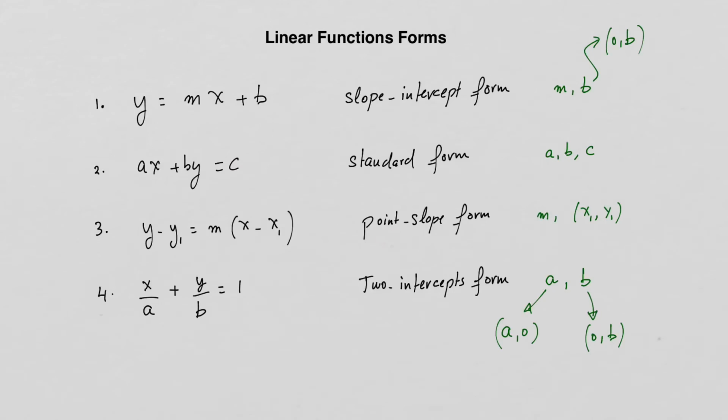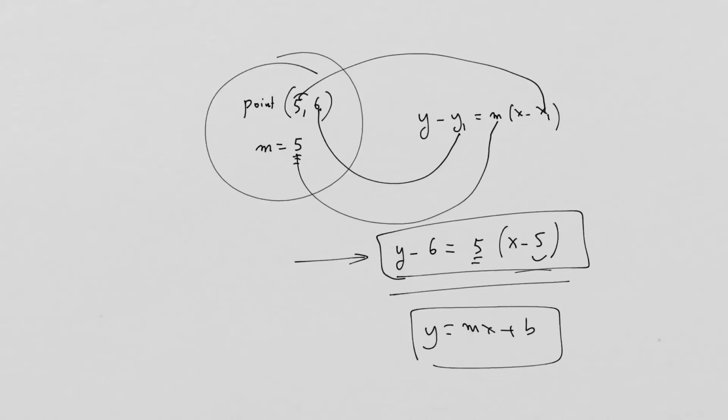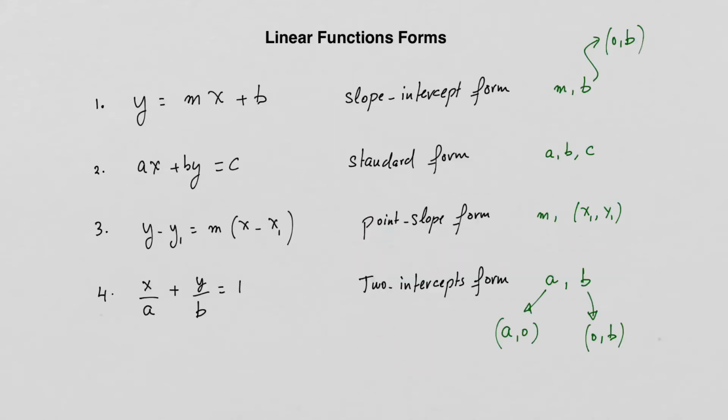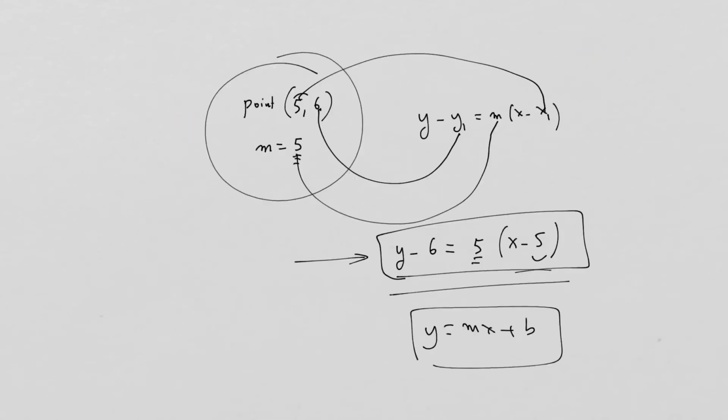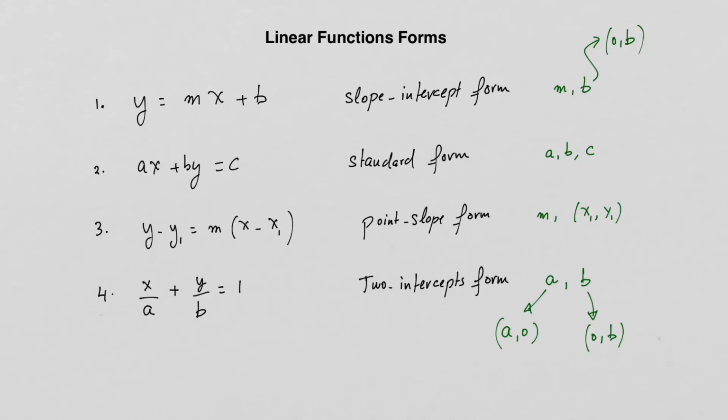Therefore, point slope form is the best one. Boom, done. You could just leave it like this. There is no need to isolate y and write this in this form. There is no need for it at all, okay? And that's why I said none of the forms is better. It all depends on the context, okay?